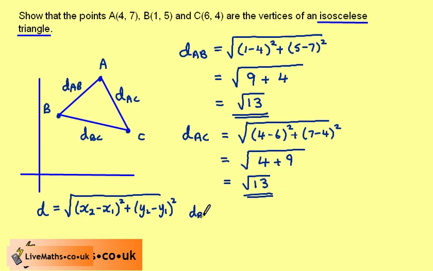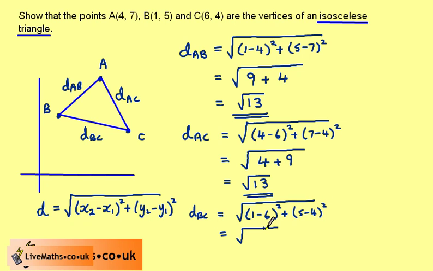So if we now consider DBC, we have 1 and 6 as the x-coordinates. The difference between the x-coordinates then is 1 minus 6 squared. And for the y-coordinates we have 5 and 4, so 5 minus 4 squared.